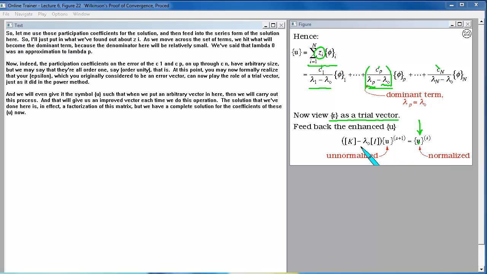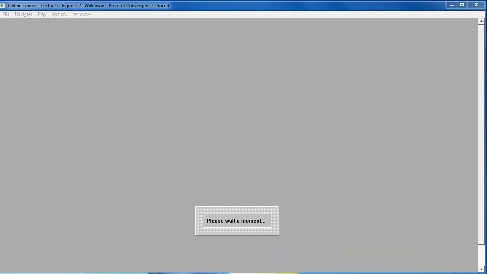And that will give us an improved vector each time we do this operation. And the solution that we've done here is in effect a factorization of this matrix, but we have a complete solution for the coefficients of these u now.